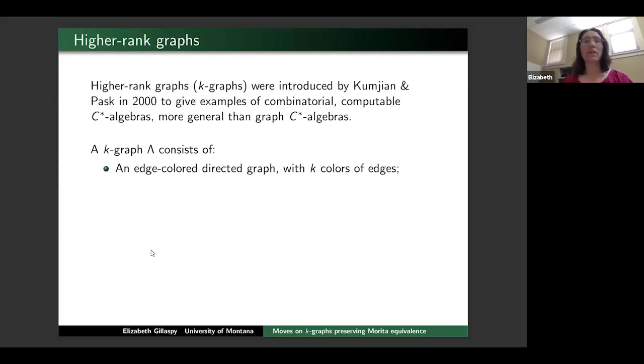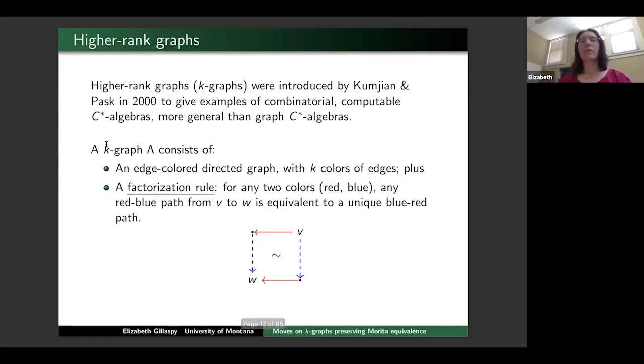But for me, this was the approach that worked for us last summer, and it's an equivalent way to describe K-graphs. So the way that we're going to think about a K-graph is we start with a directed graph, and we color the edges using K different colors. That K in the number of colors should be the same K. It's telling us the dimension, essentially, of our higher rank graph.